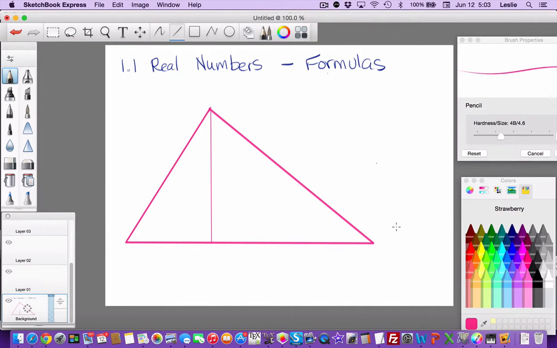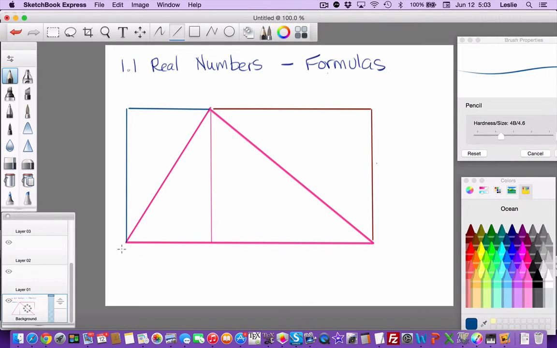Here's a triangle. This triangle is actually made up of two smaller triangles. Can you imagine with me for a moment that this triangle was actually part of a larger rectangle? The larger triangle is part of a rectangle there. The smaller triangle is part of a rectangle here.